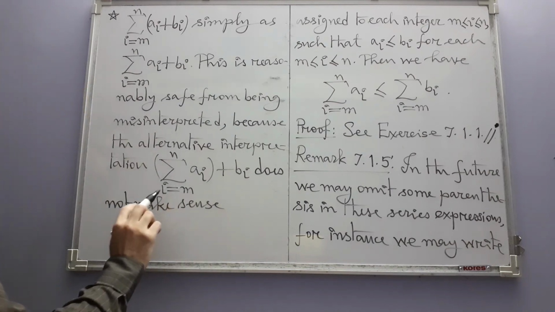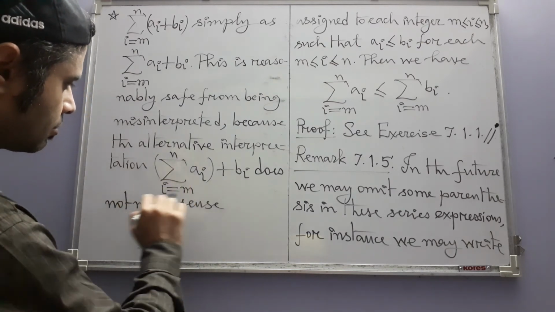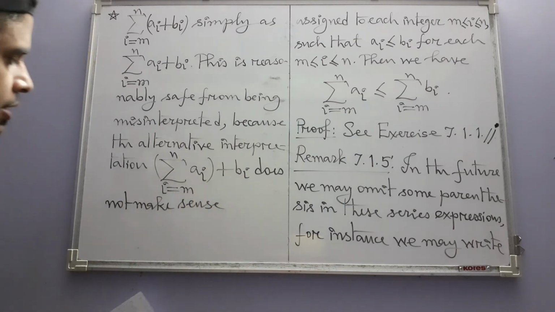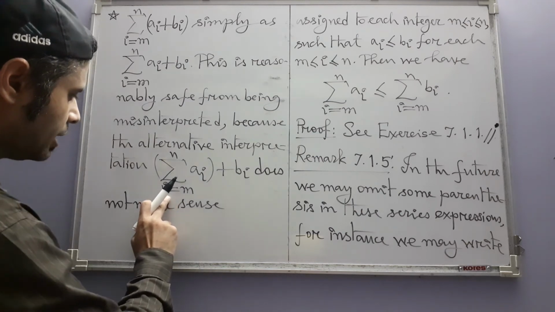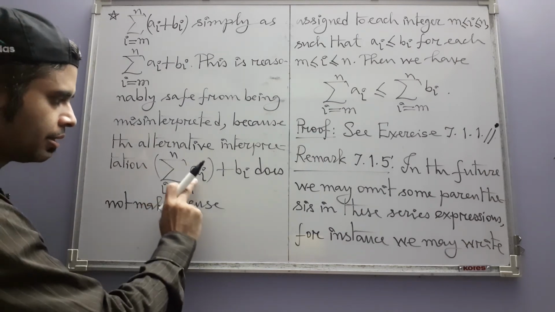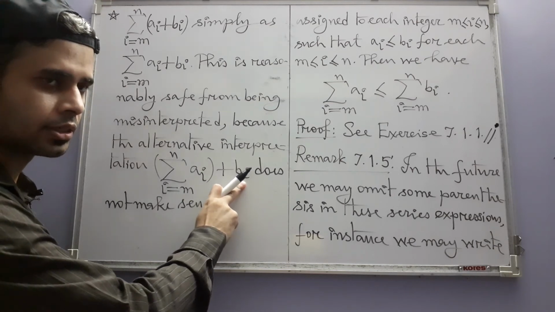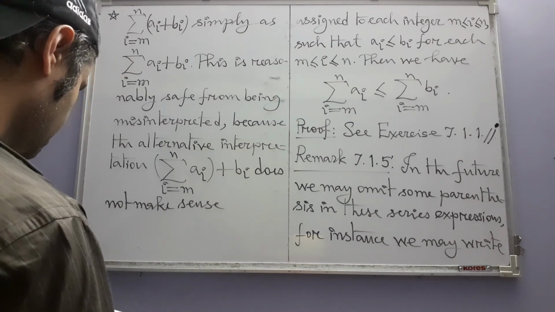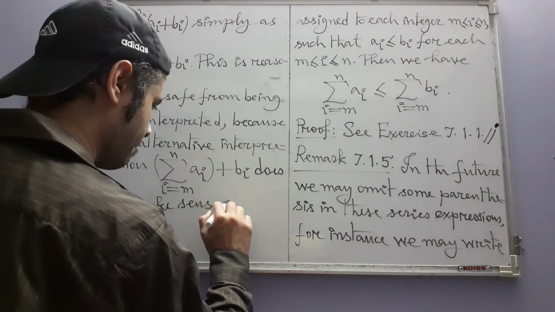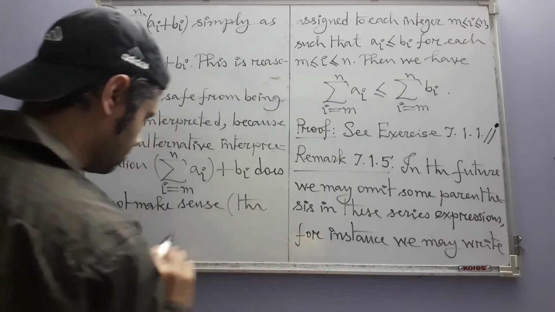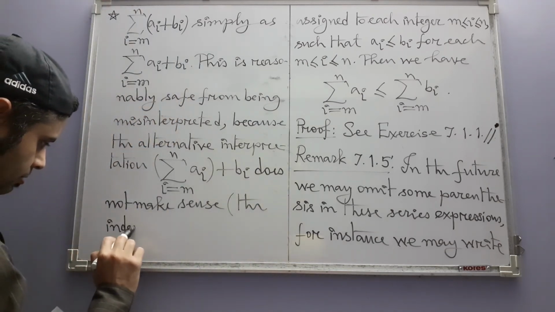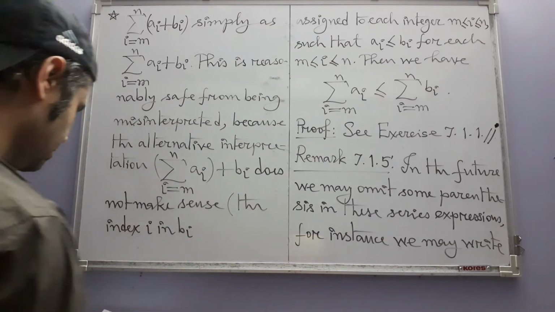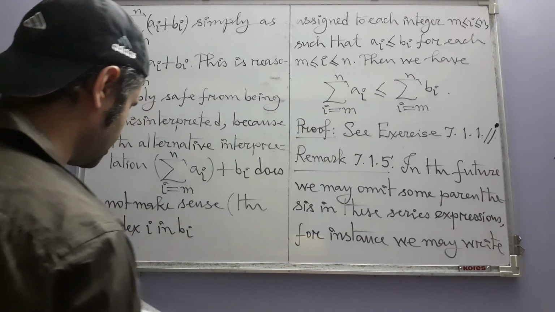That is because here the index of summation is there in this series, whereas at the same time it is outside. So when i varies between m and n, this i changes, however this does not change due to the fact that it is outside. So that is meaningless. The index i in b_i is meaningless outside of the summation.